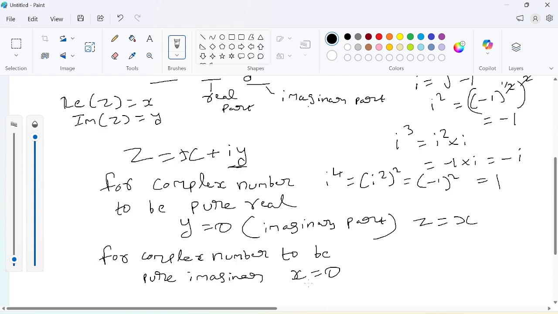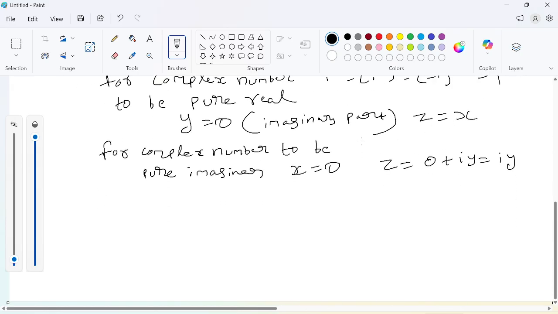This x is the real part. So x equal to 0, which means z is equal to 0 plus iy, which will be iy. This is your pure imaginary number.